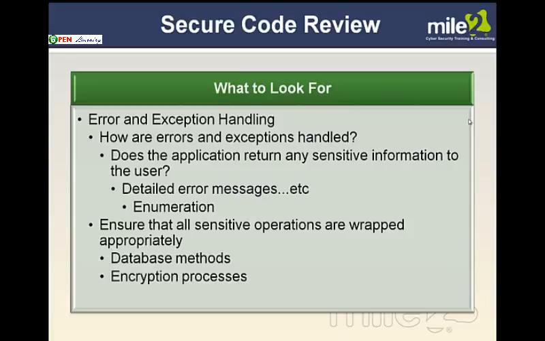Maybe it's a database. It could reveal information about your fields, the names that you're using, like product ID, product name, product price. It could come back with all kinds of information.